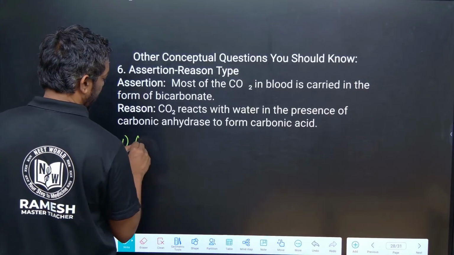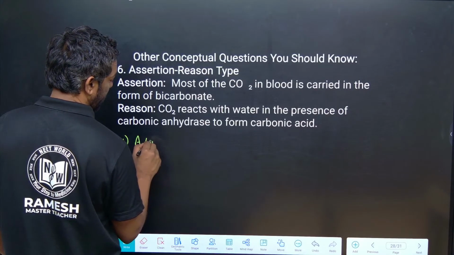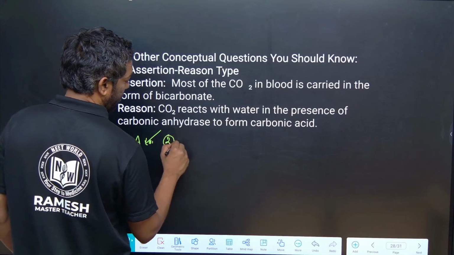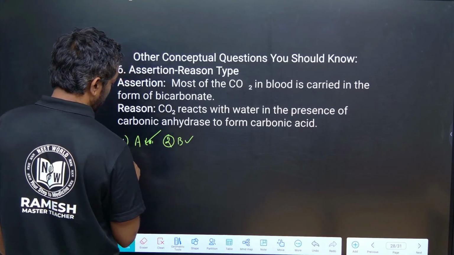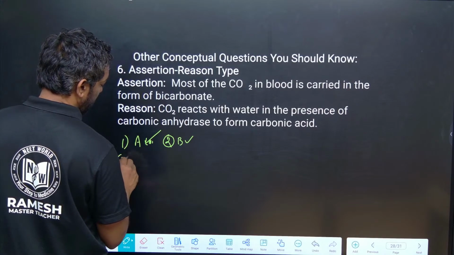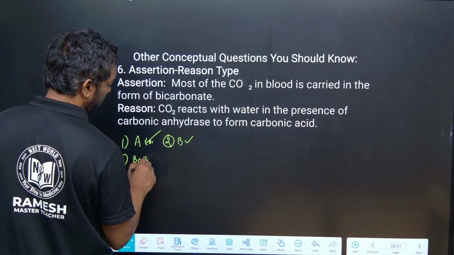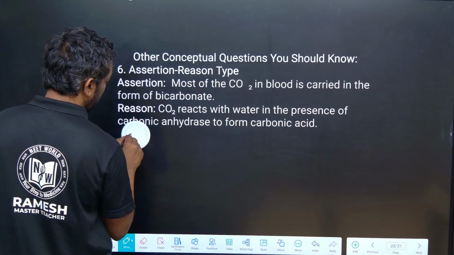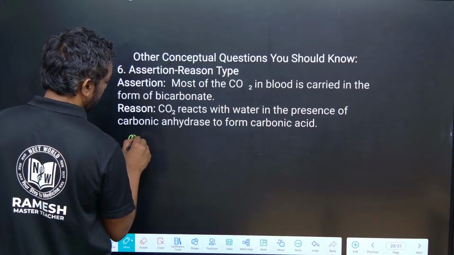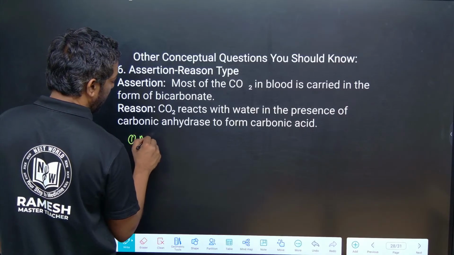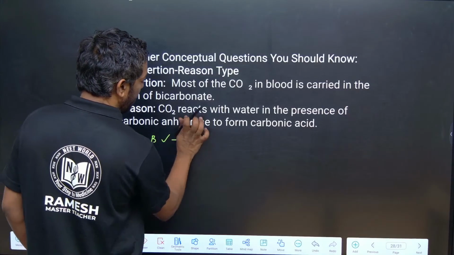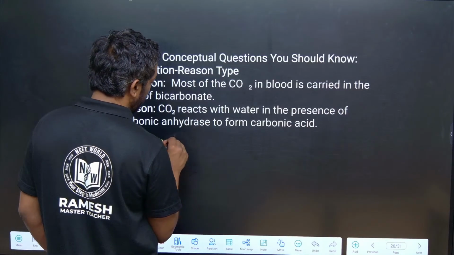Option 1: A is correct. 2: B is correct. 3: both. Instead of this, A and B correct, B is the right explanation of A.